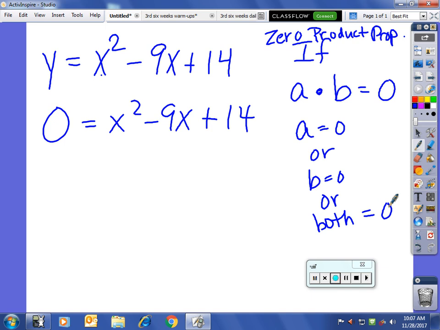All right, now, what have we done with x squared minus 9x plus 14 and things like it for weeks and weeks? Factored it. So factor that. The first step to any factoring is ask yourself if there's a GCF. Is there? No, so you just start factoring.